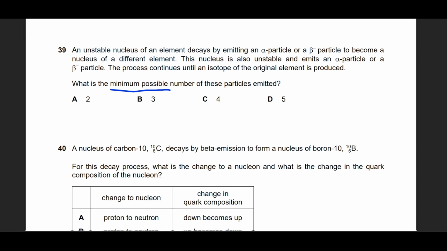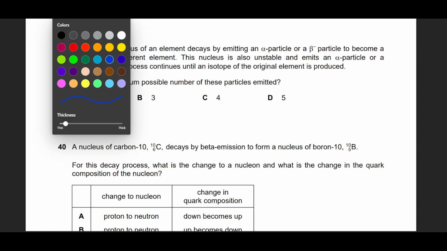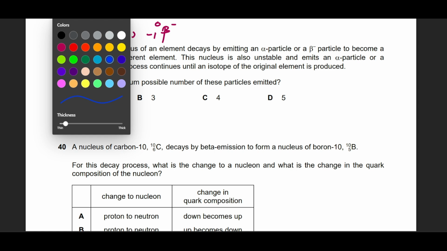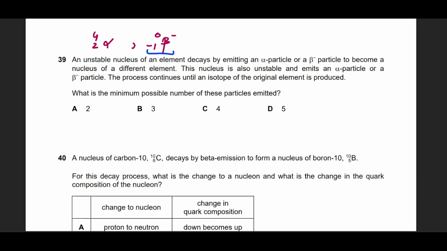I believe we remember that alpha is 4, 2 and beta negative is 0, minus 1. From memory, we understand that in a beta decay the proton number actually increases by 1.